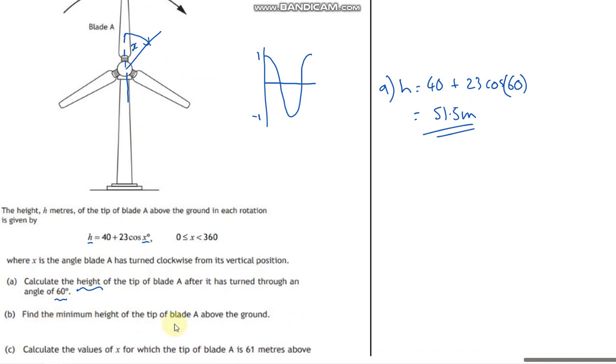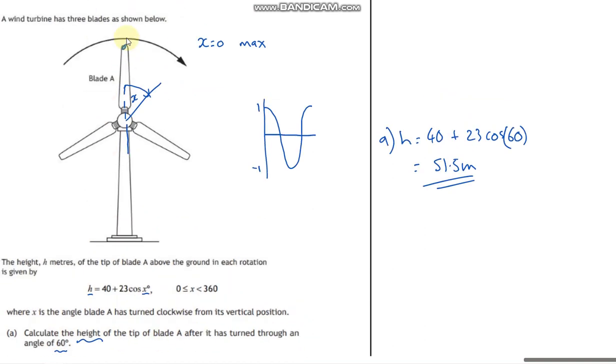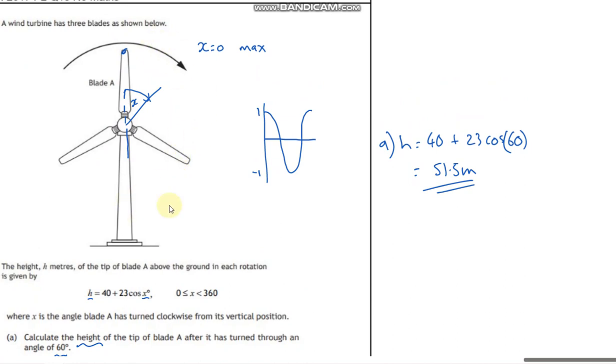The minimum height above ground will be when the blade comes all the way round to here. So that's 180 degrees, which again is going to give you negative 1. So B is simply saying h is equal to 40 plus 23 multiplied by negative 1.